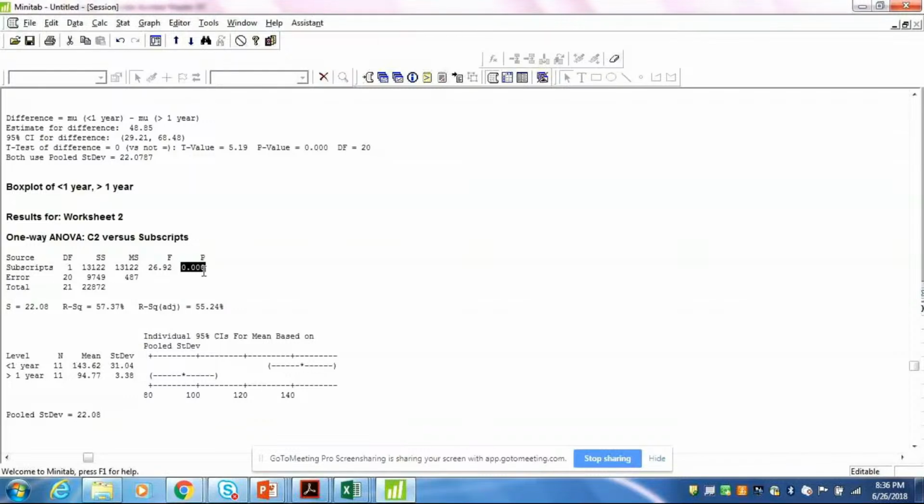So p-value 0. What does that mean? It means it's an alternative hypothesis, and means the data is good to use. Okay, data is good.